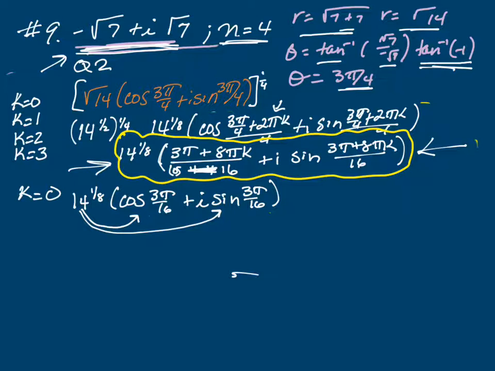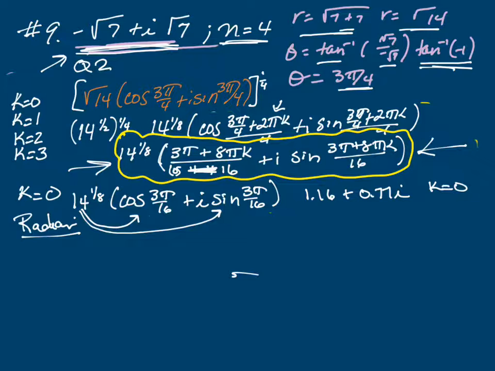Now make sure your calculator's in radians, because these angles are in radians. So 14 to the 1/8 times cosine of 3 pi over 16 is 1.16, and then sine is 0.77, so plus 0.77i, and that's when k equals 0.